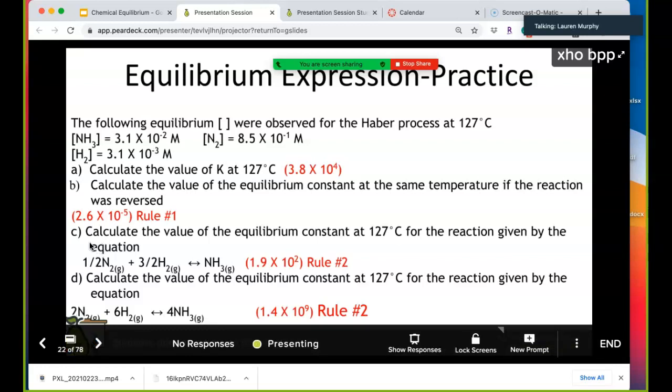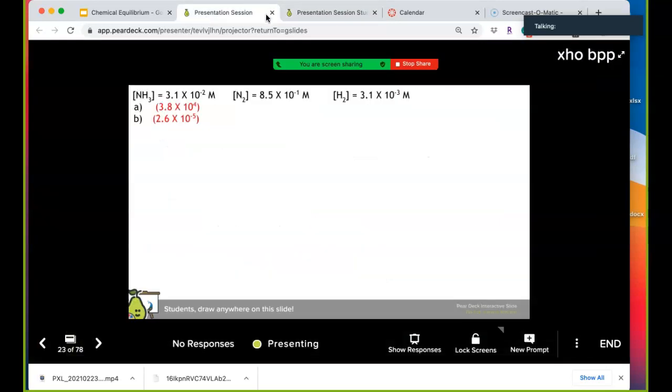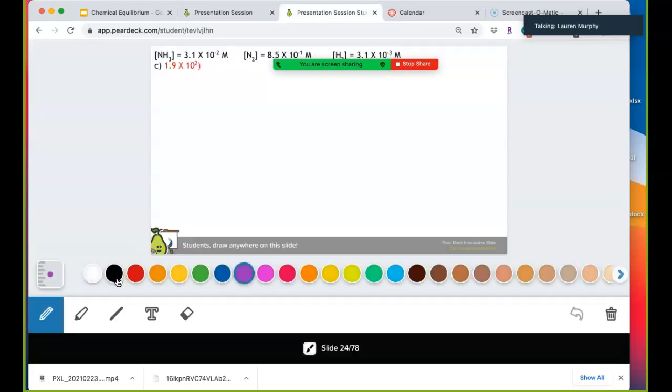So now part C asks us to calculate the value for the equilibrium constant, so that's K, given by this reaction. I'm going to rewrite this on a different slide. So the reaction that is being given is this.